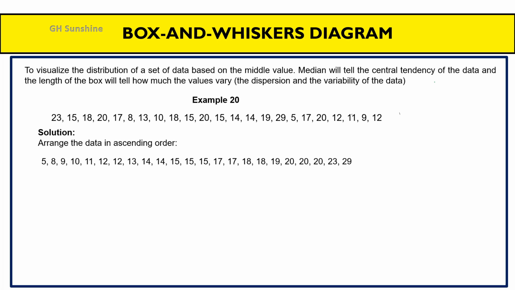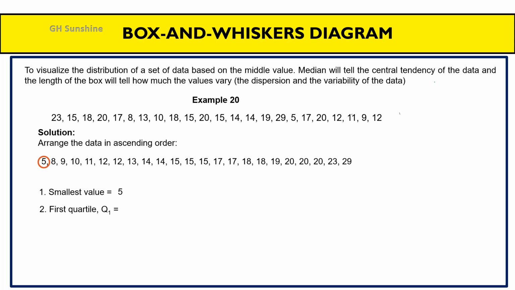If you want to construct a box and whiskers plot, you need to find 5 values. First one is the smallest value, 5. Second is the first quartile. Recall the measures of position: how to find the first quartile, second quartile, and third quartile.